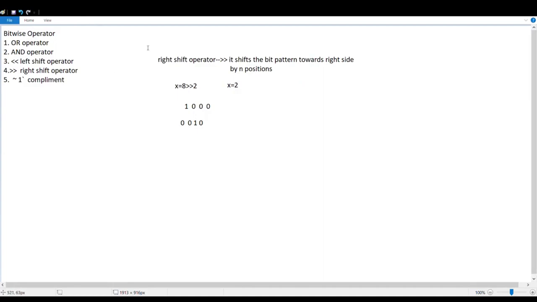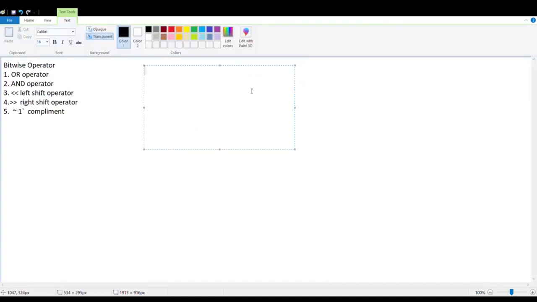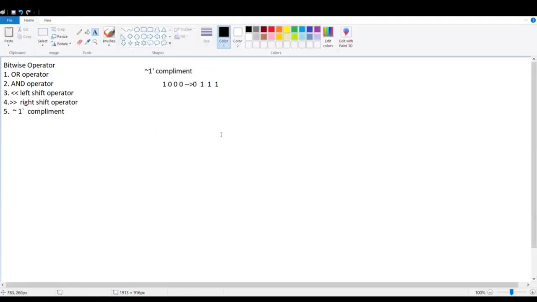Now the ones complement. What is ones complement? Ones complement is used to make on bits off and off bits on.